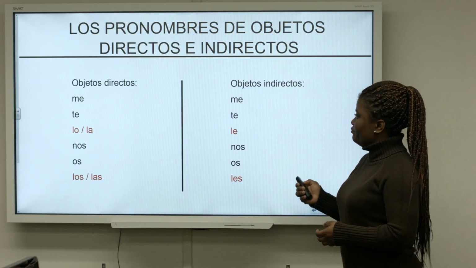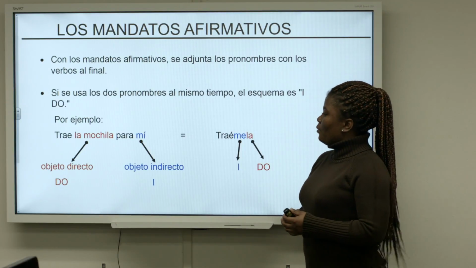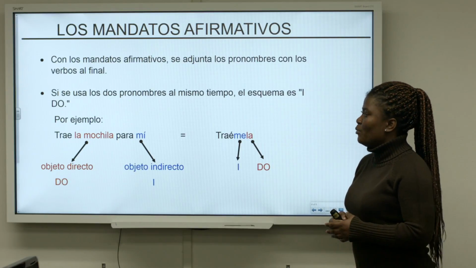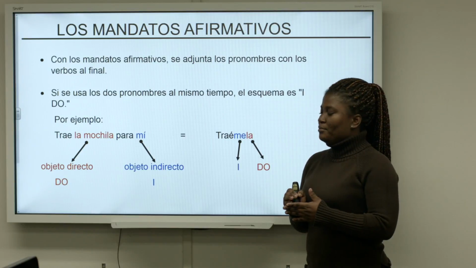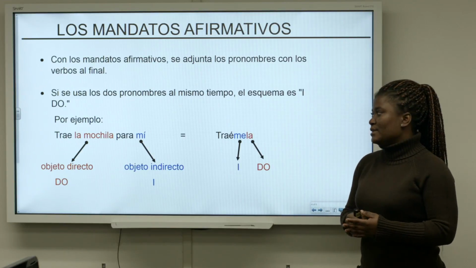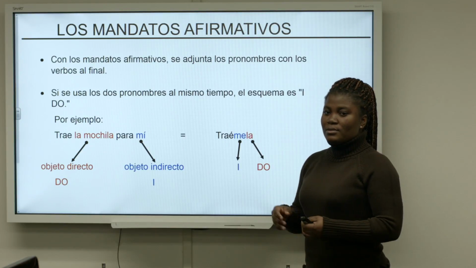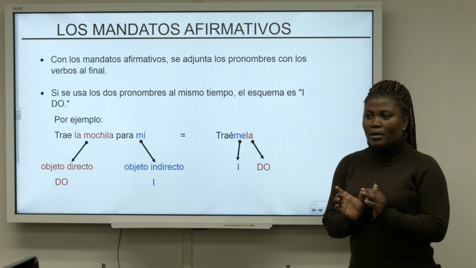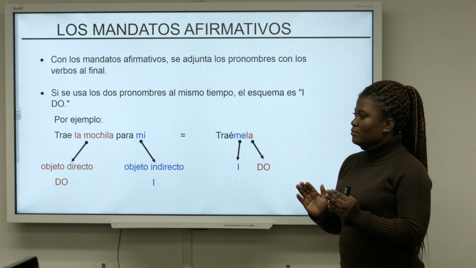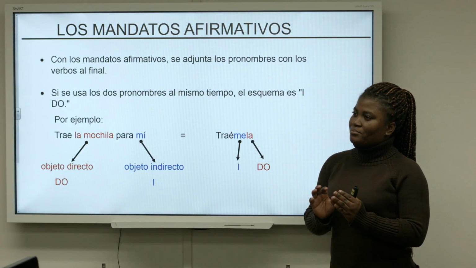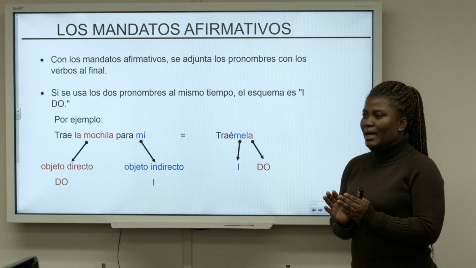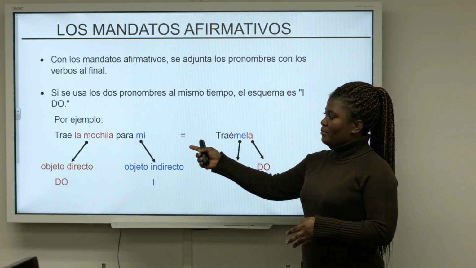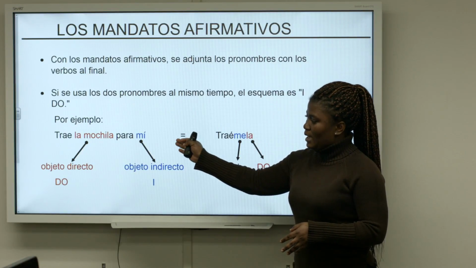Now, when we use affirmative commands, we have to use the object pronouns at the end. When we use them at the end, we also have to follow a specific structure.